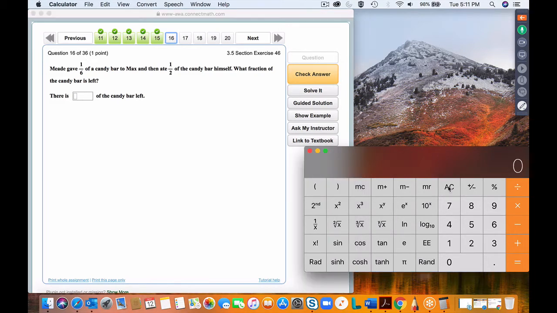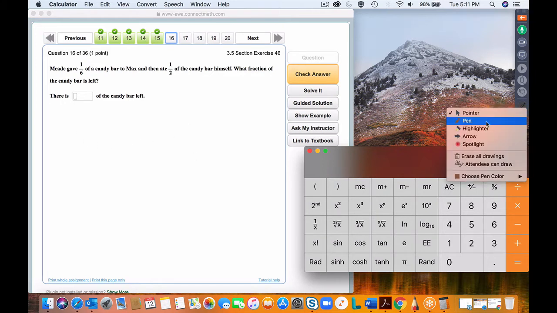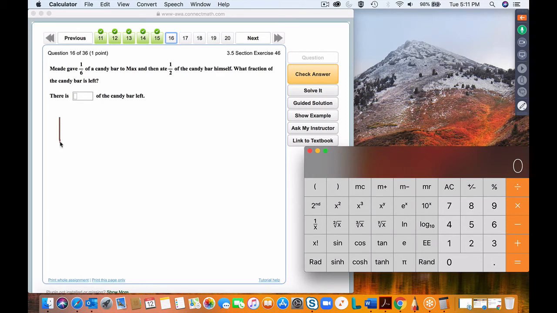For that one, we can also use the calculator. The whole candy bar is like 1. Then we subtract 1/6 because I gave it to Max, and then 1/12 from the same candy bar.